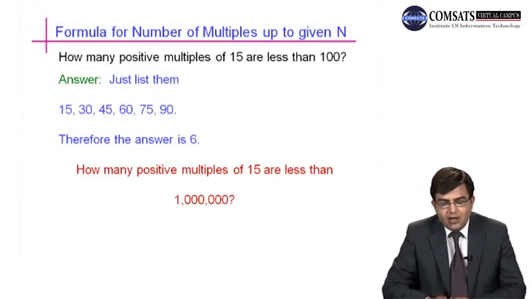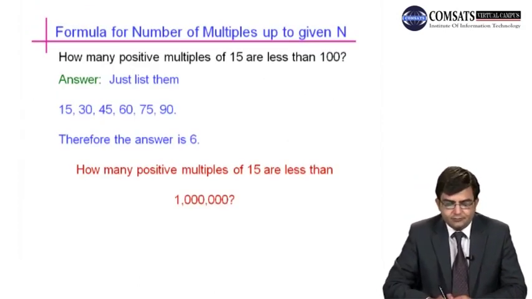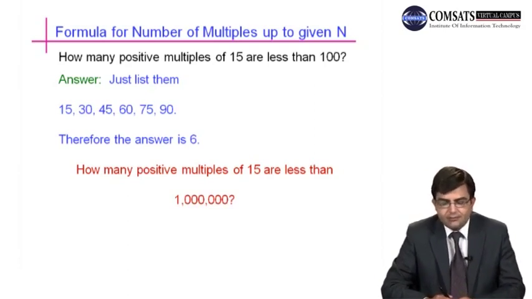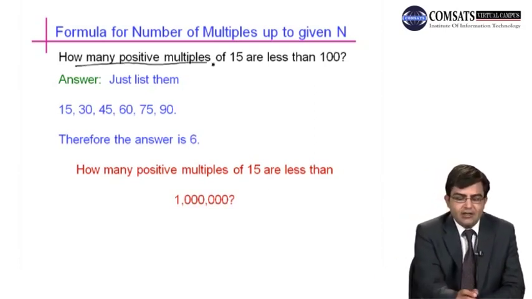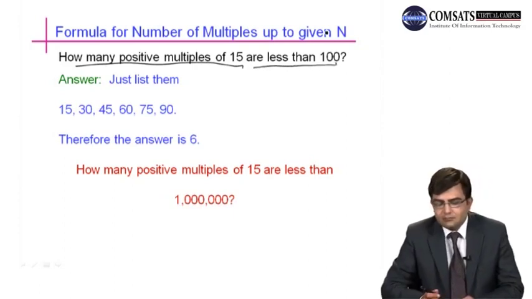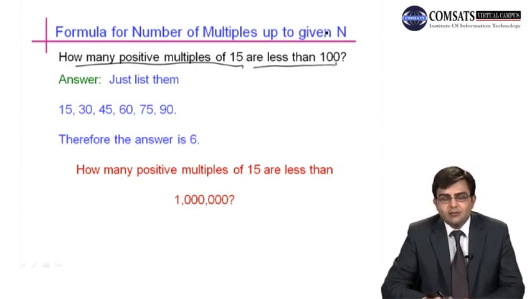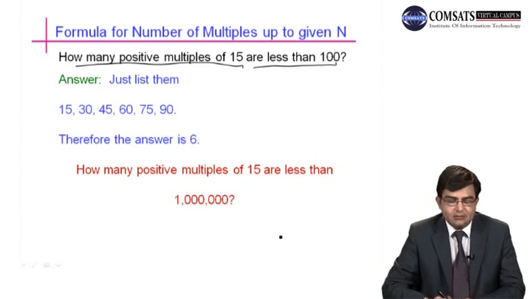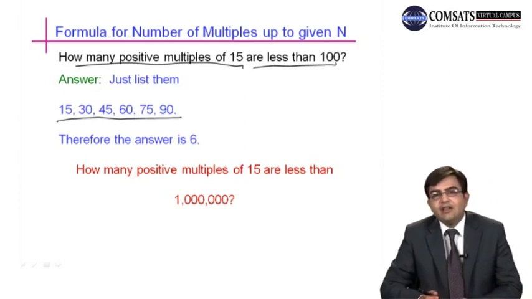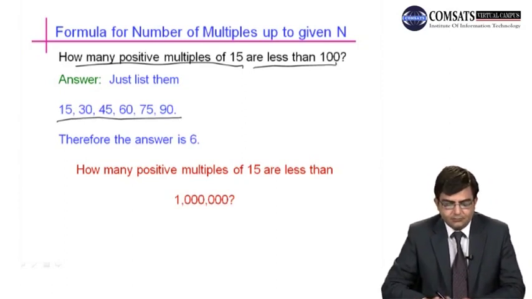Next, how we can find how many positive multiples of a number are less than some other number. For example, how many positive multiples of 15 are less than 100? One method, which is simple and basic, is that we list all the multiples of 15 which are less than 100.